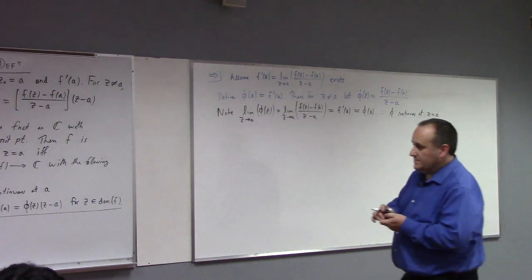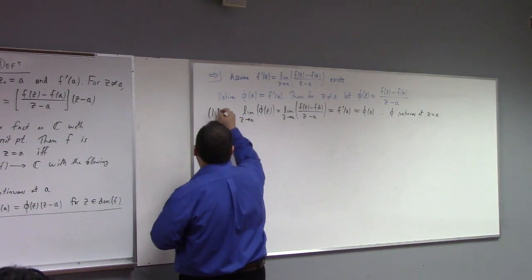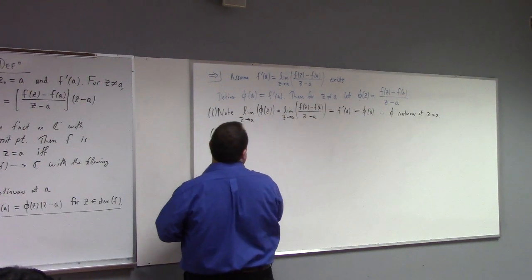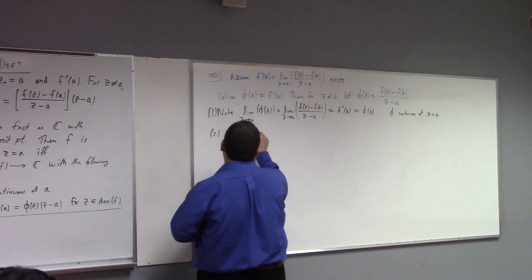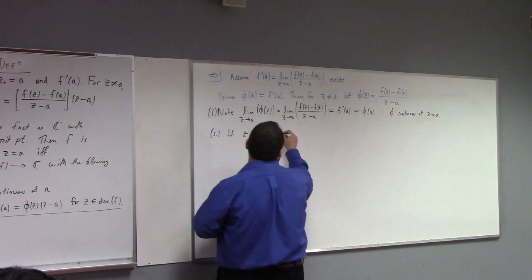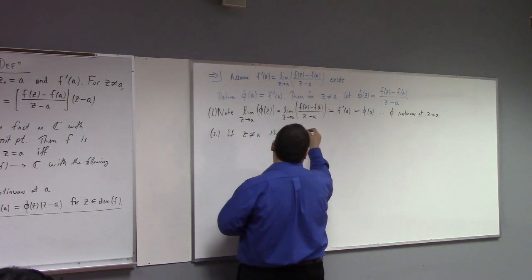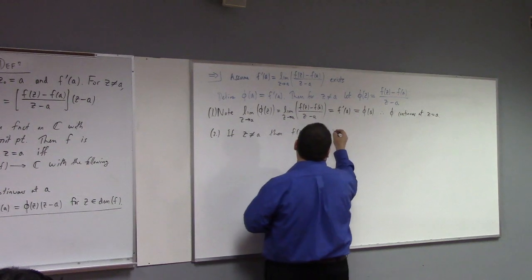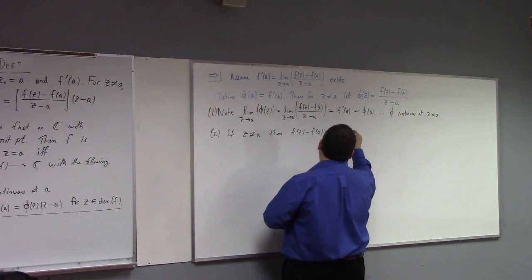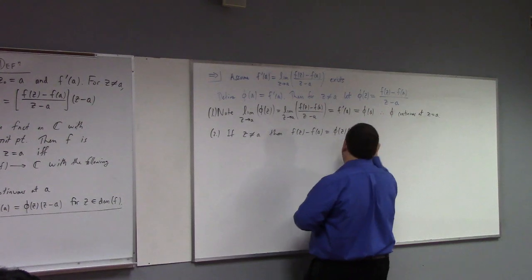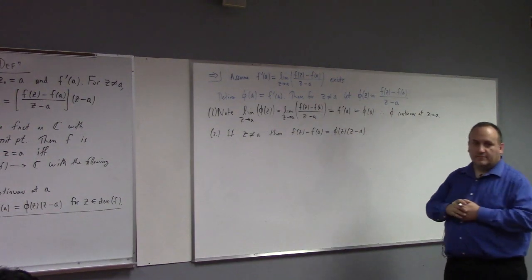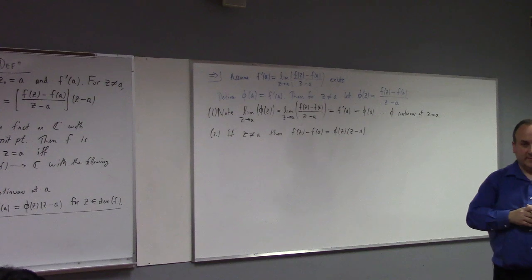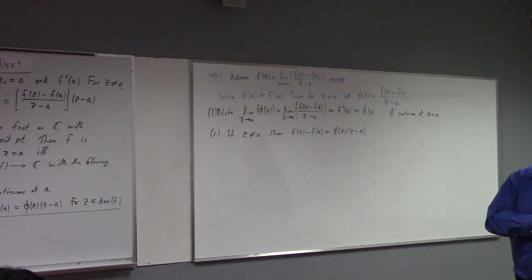What's property number two? Well, number two, if z is not equal to a, then notice that f of z minus f of a by construction is equal to phi of z times z minus a, right? That works for every z in the domain except for a, right? So what's left to check?